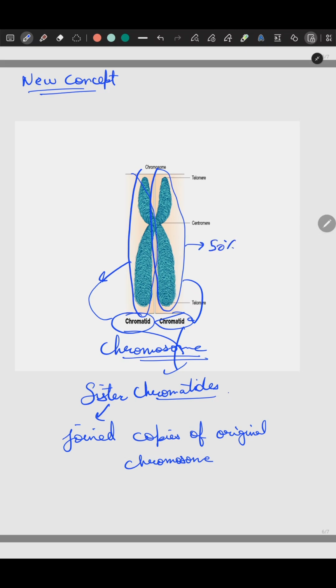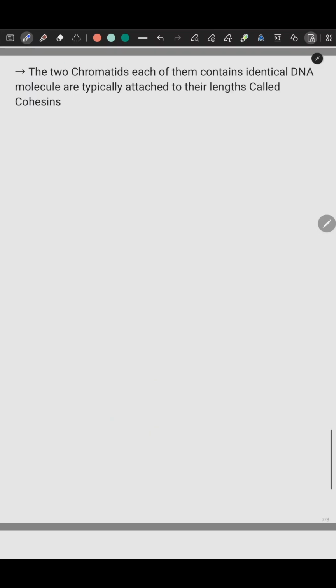50% here, 50% here, we can say that. Now when the two chromatids join together, for example, this is one chromatid and this is the second chromatid, they are joined together.